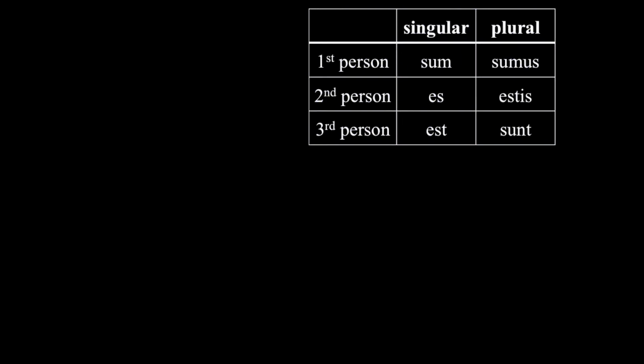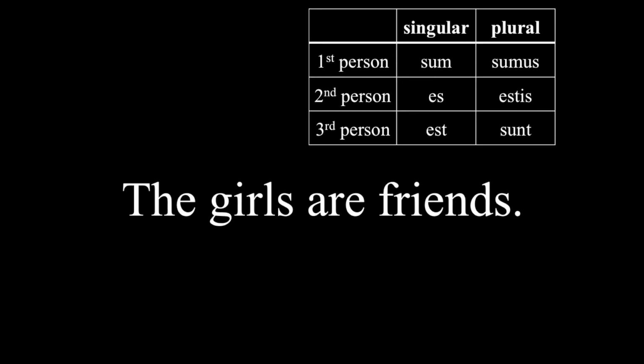Okay, so we're going to try to form some Latin sentences using the forms of sum. First, we have the girls are friends. Girls is the subject of the sentence, and therefore needs to be nominative plural, which is puellae.